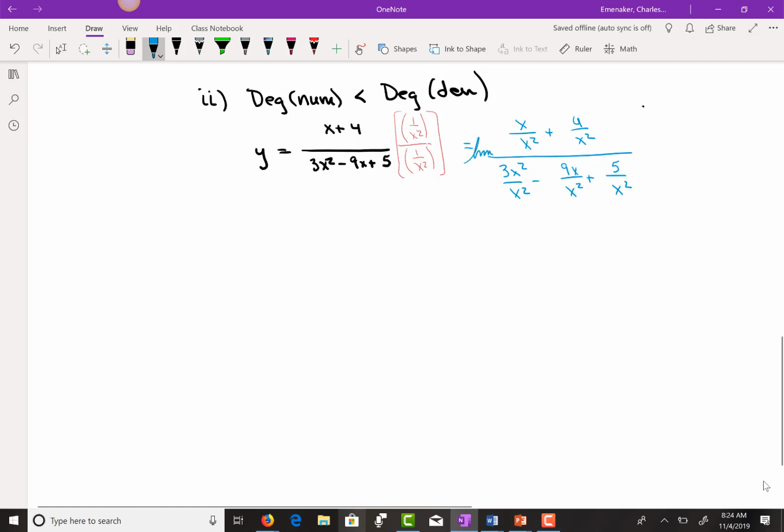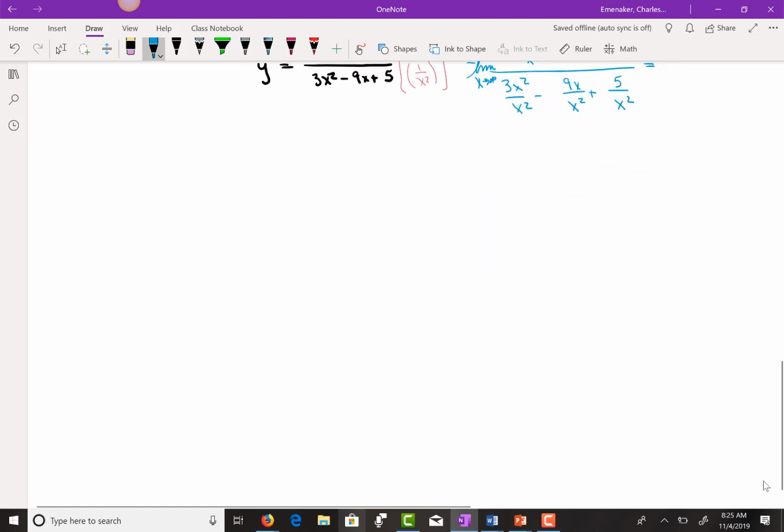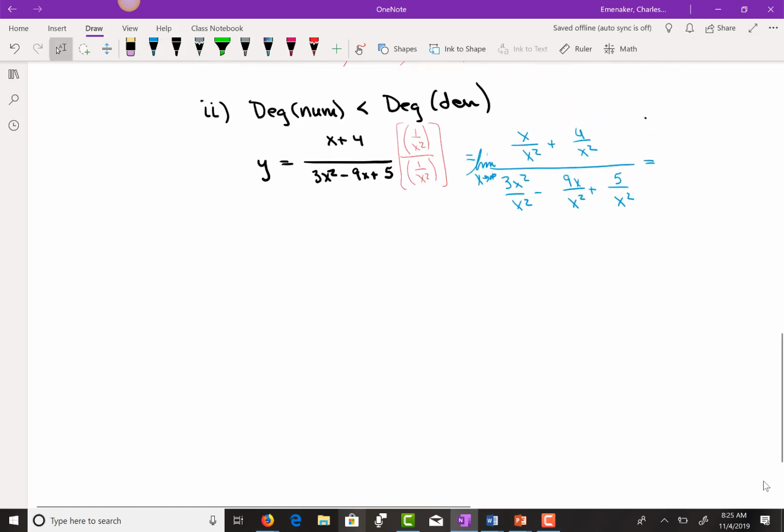So we're going to do this same deal. This limit as x goes to infinity. Now, in this case, as x goes to infinity, this is going to 0, this is going to 0, so the numerator is going to be 0. In the denominator, this fraction will approach 0, as well as this fraction.